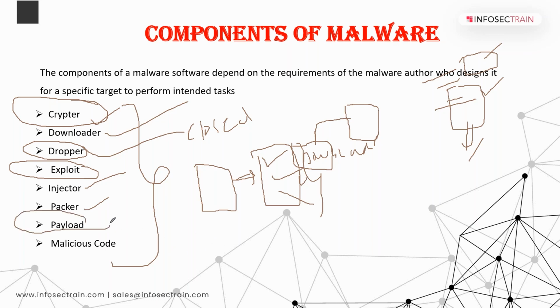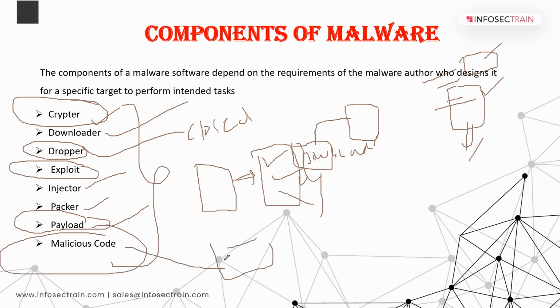And finally, payload. The payload is a part of the malware which will perform the desired activity when it is activated. It may be used for deleting the files, modifying the files, or degrading the system performance. Whatever you have loaded, that is the payload. And finally, malicious code, that is our malware program.